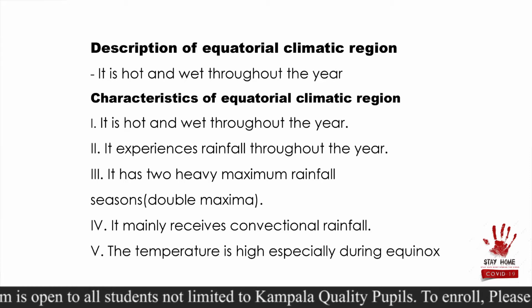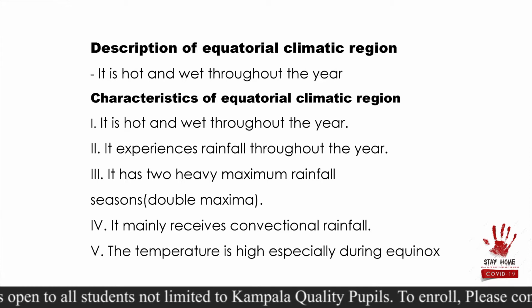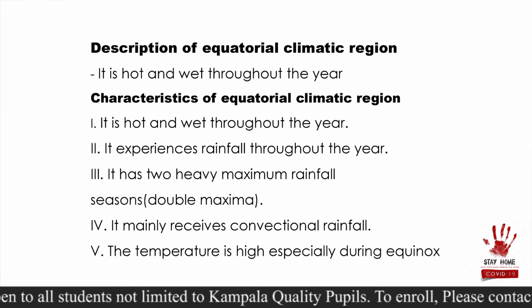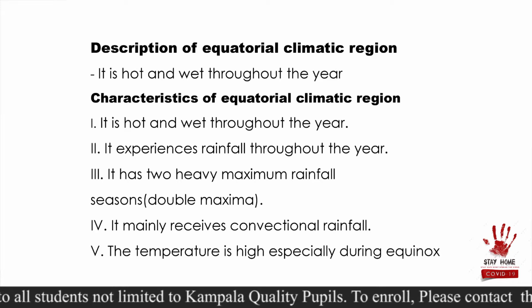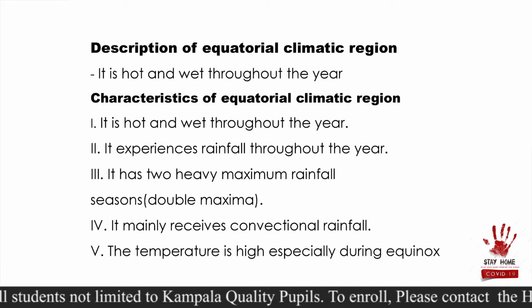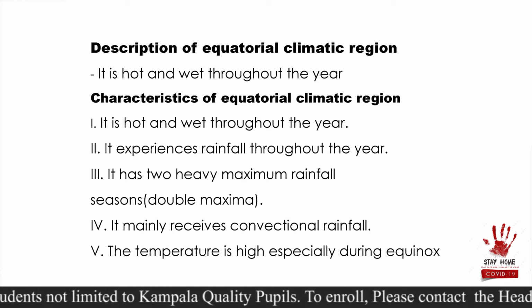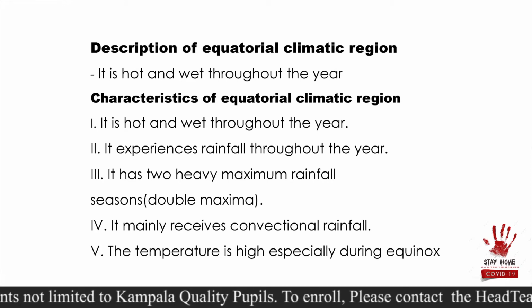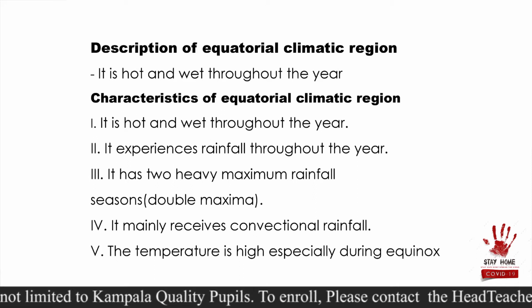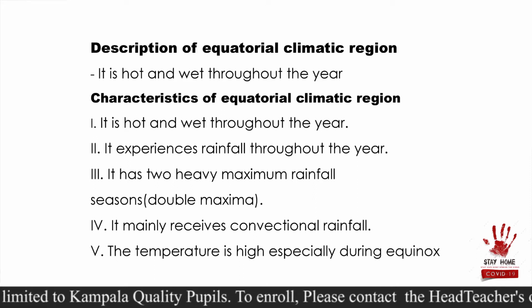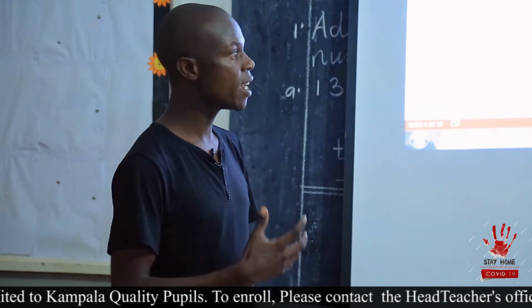Equatorial climate, or the equatorial climatic region, is hot and wet throughout the year. Any region that is hot and wet throughout the year, we refer to it as an equatorial climatic region. So what are the characteristics?